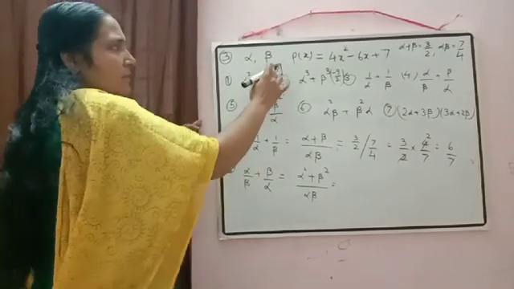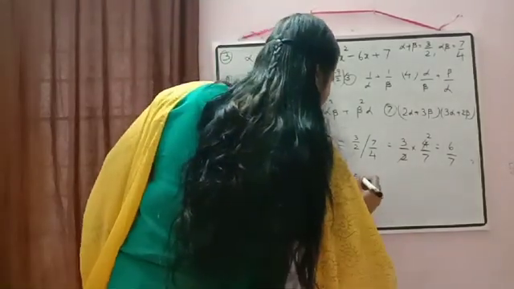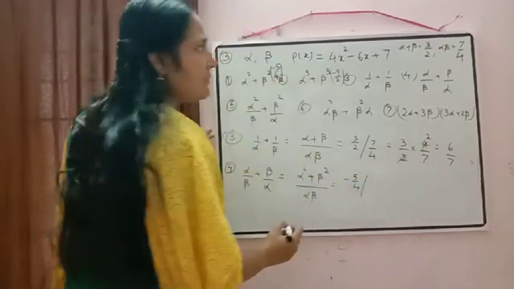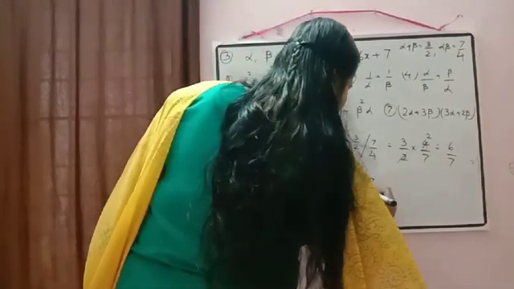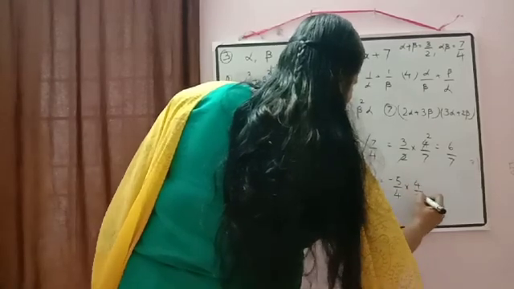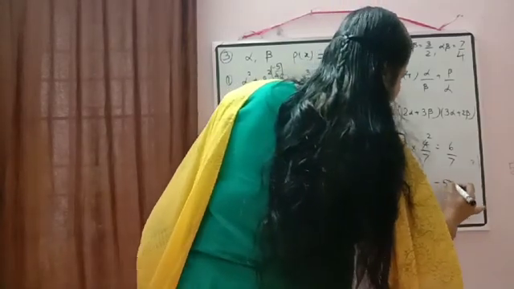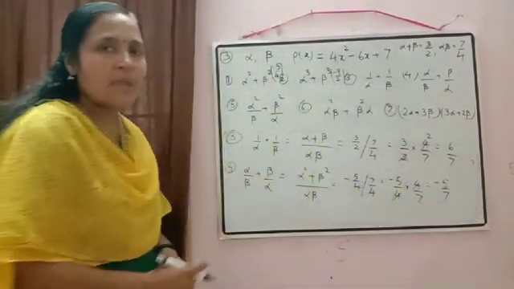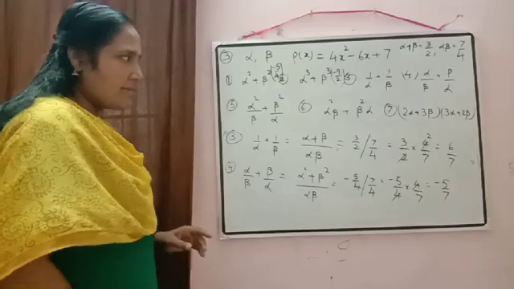What is that value? Minus 5 by 4 divided by alpha beta is 7 by 4. Now change the division into multiplication. Minus 5 by 4 into 4 by 7. 4 and 4 will get cancelled. We will get the answer is equal to minus 5 by 7.